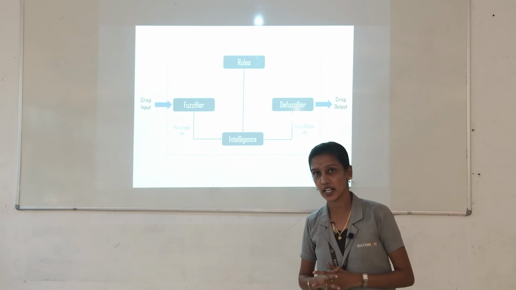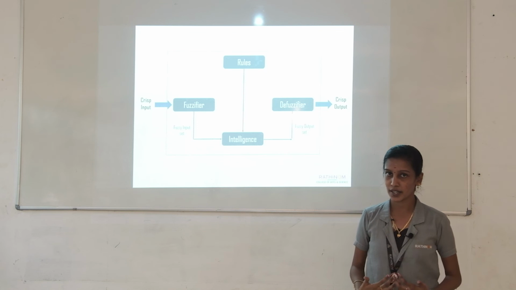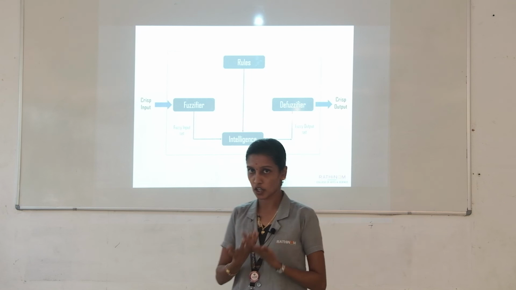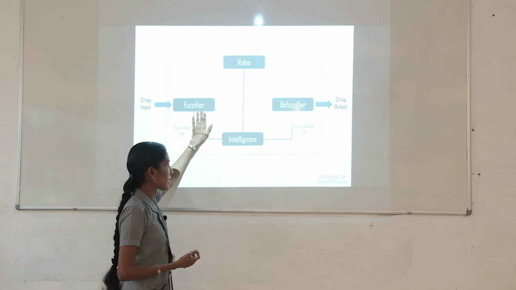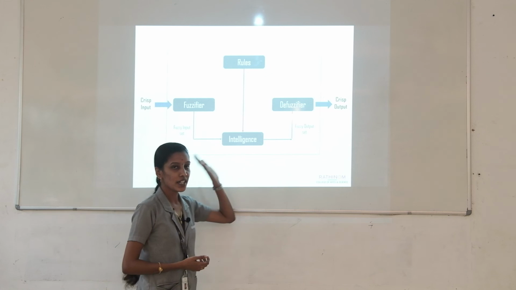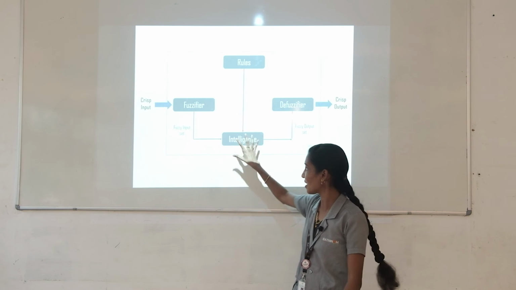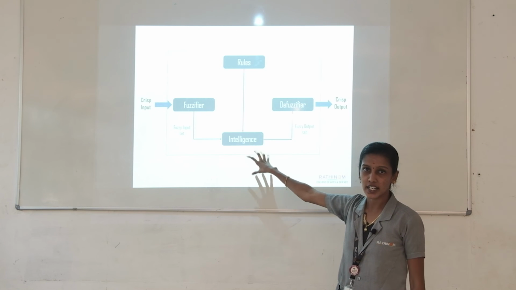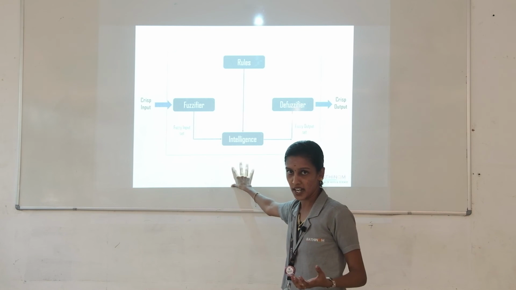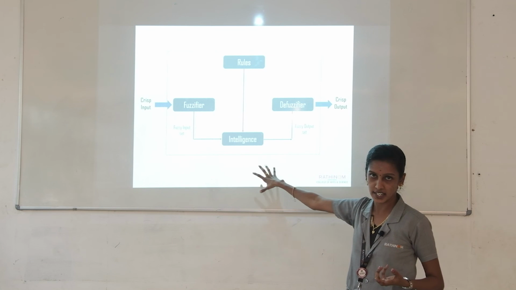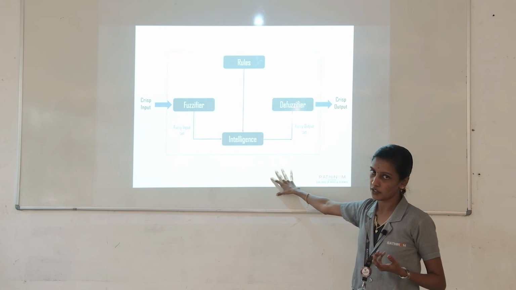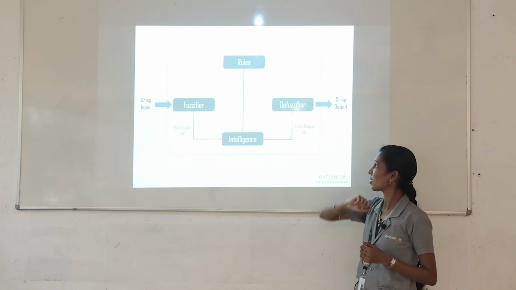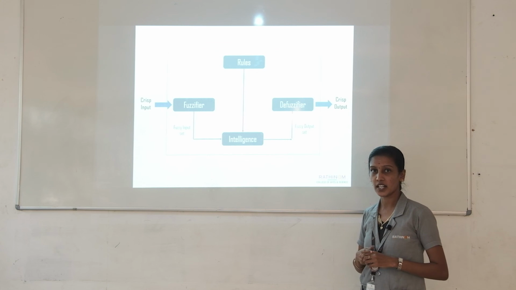So this fuzzifier will accept the crisp input data, convert it to fuzzy codings, and then those fuzzy codings will be sent to the intelligence part. So this is the main part where we need to concentrate. This part will act like a human brain. It will analyze the fuzzy data, and based on the input of fuzzy data, it will process it, and then later it will be sent to the defuzzifier.